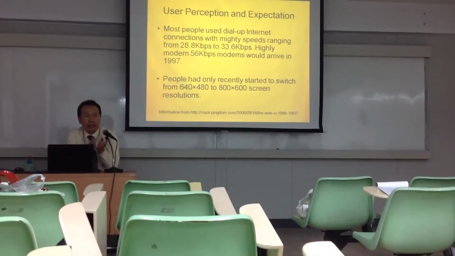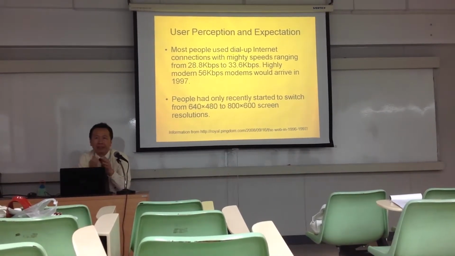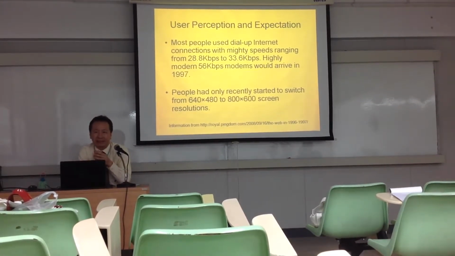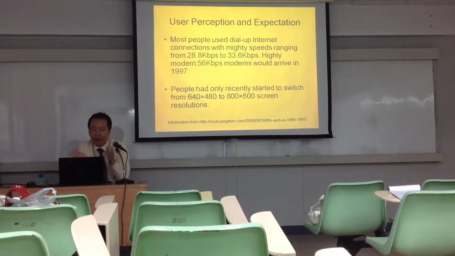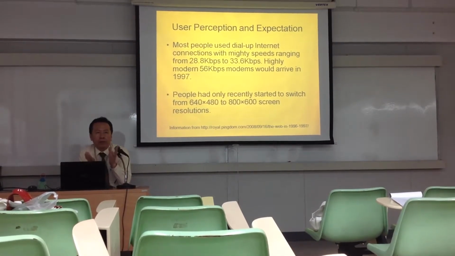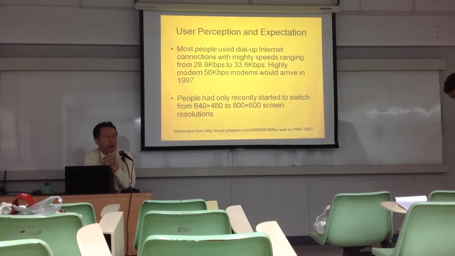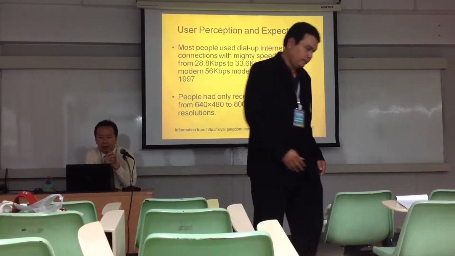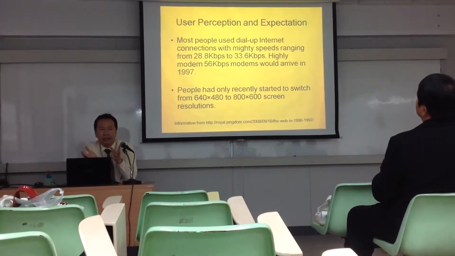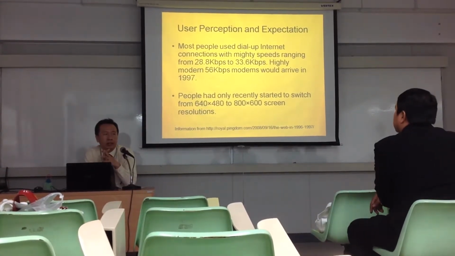The speed of the analog modem was about 28.8 to 33.6 kilobits, versus our current 20 megabits on the 3G network, which is totally different. The screen for people viewing the content was a 14-inch screen of 640 by 480 pixels, or a 15-inch CRT screen with 800 by 600 resolution.